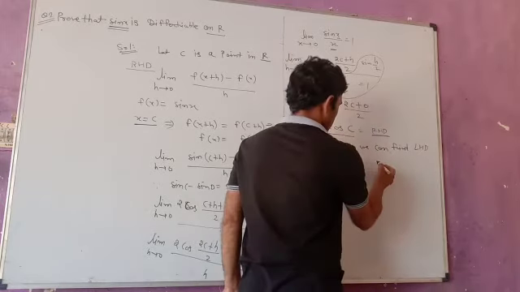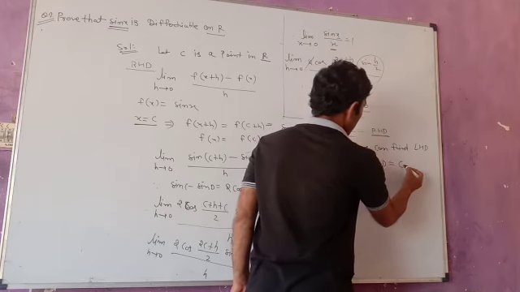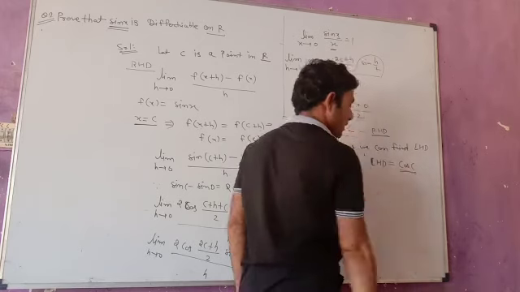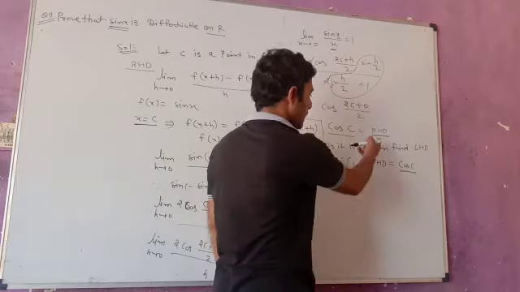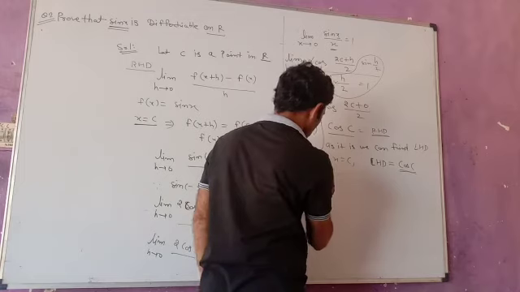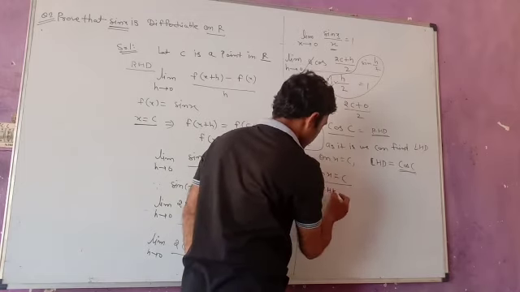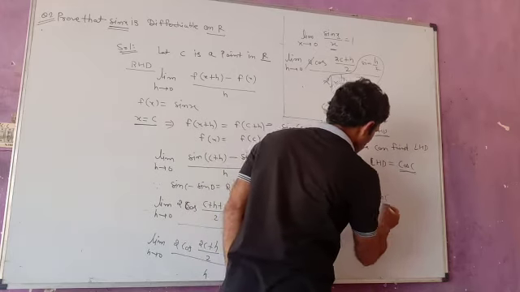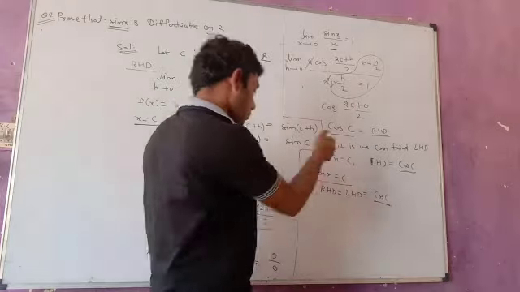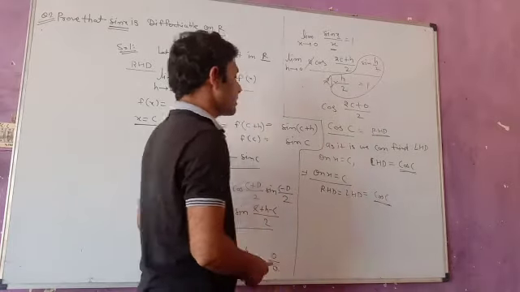We will get the value of LHD is again cos c. You can try it. LHD is cos c and RHD is cos c. On x equals c, we have right hand derivative and left hand derivative, both are cos c. So we can say, we proved it, sin x is differentiable in R.